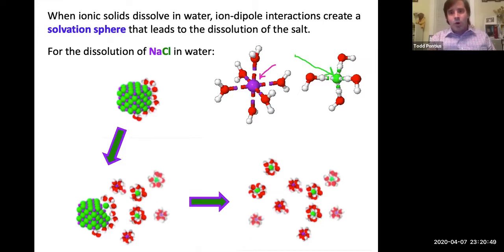So when water swarms around and dissolves our NaCl, that's when we get the dissolution and it forms the solvation sphere. Basically, I like to think of the water swarming around the solute that it dissolves.